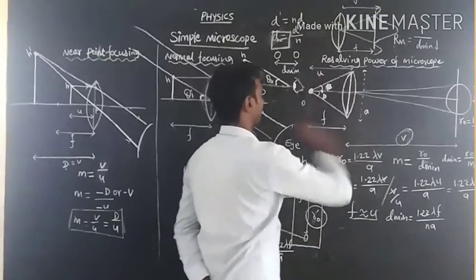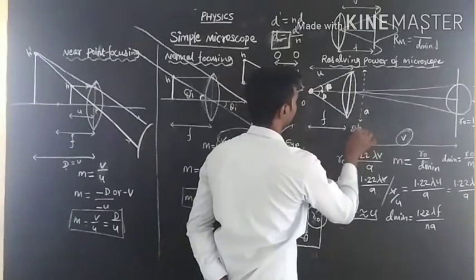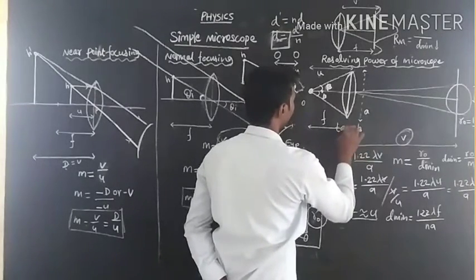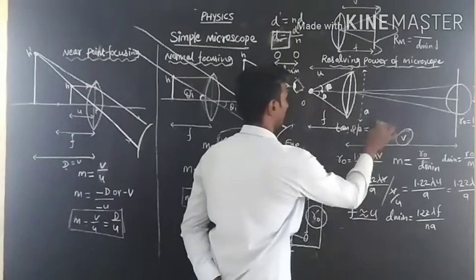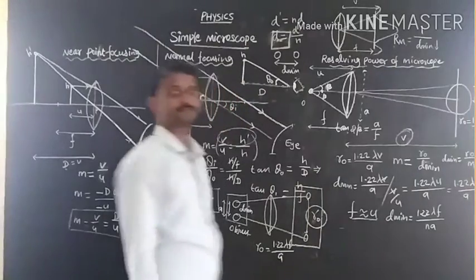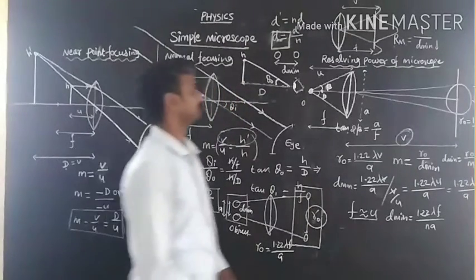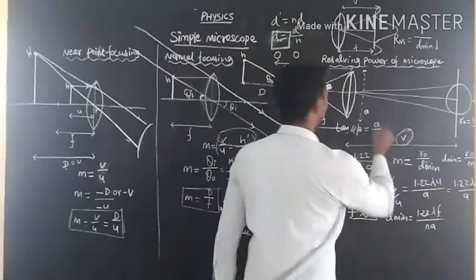So from this diagram, tan 2 beta is equal to opposite side a divided by adjacent side f.